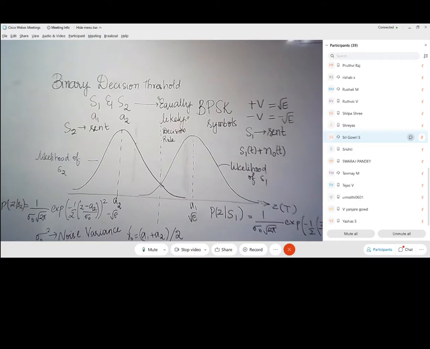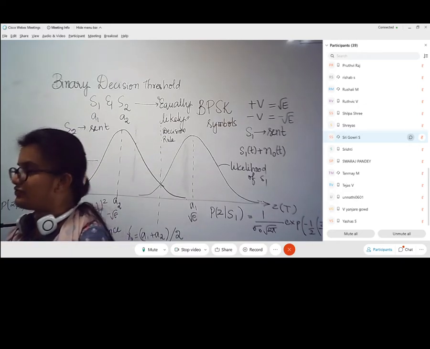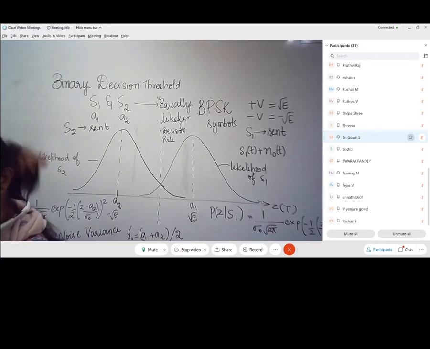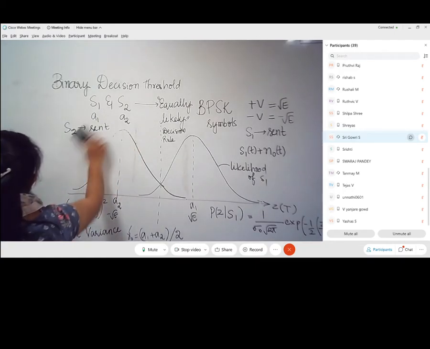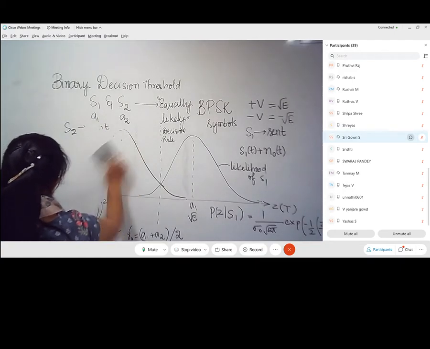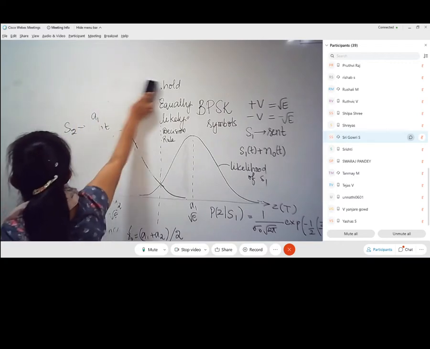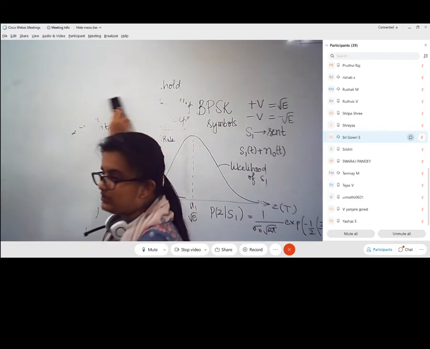So this is it with binary decision, how to make a decision threshold in case of only two symbols. This we have seen so far. Now we are going to look at the specific modulation technique and specific method of detection, which is coherent detection of PSK symbols. Here also we are going to start off with the two symbol information, because the easiest to analyze is the two symbol one.